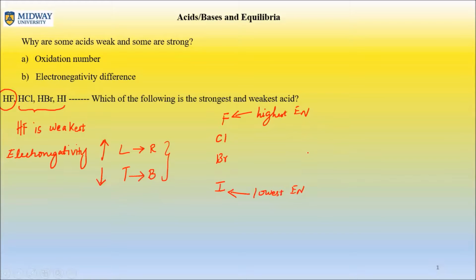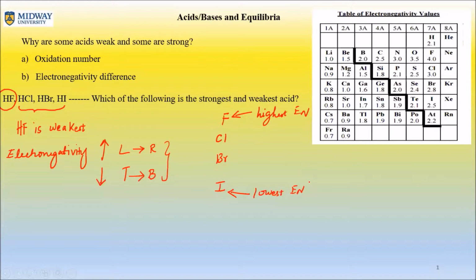So this is one way to do it, but you are also familiar with this table, right? If you take the difference between hydrogen and fluorine, it's about 1.9. So HF is 1.9, and HCl is 0.9, HBr is 0.7, and HI is 0.4.